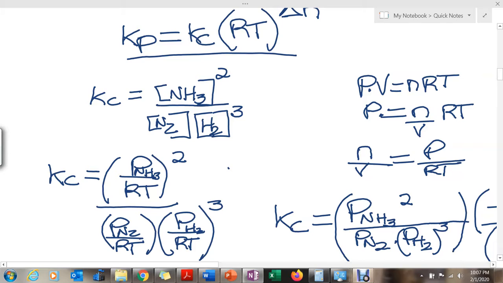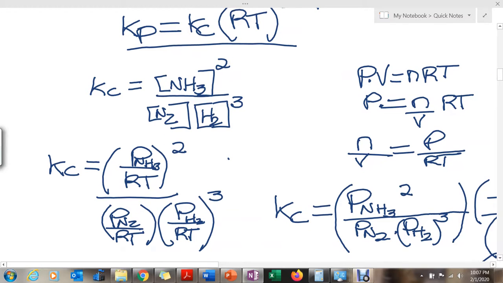But you know that PV equals nRT, so n over V equals P over RT. So we divide P by RT, and this would be the concentration, right?